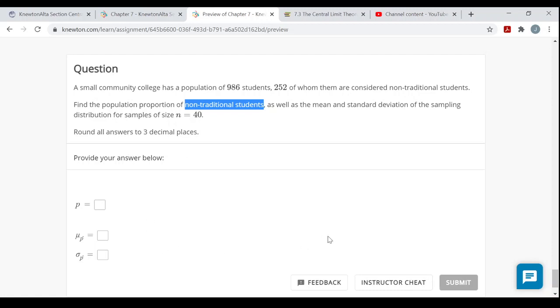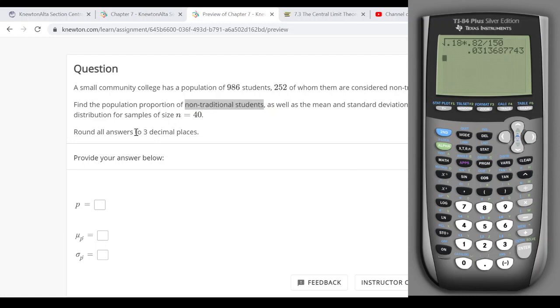Okay, so I'll pull the calculator up. They're asking us to round all my answers here to 3 decimal places. All right, so what's the p? What's the population proportion of non-traditional students? Well, there are 252 non-traditional students in this population, and the size of the population is 986.